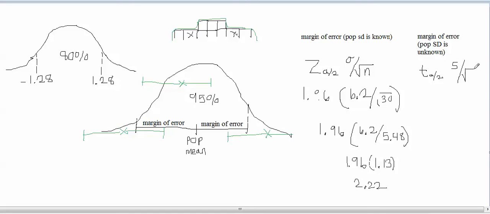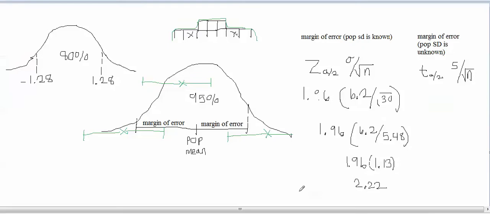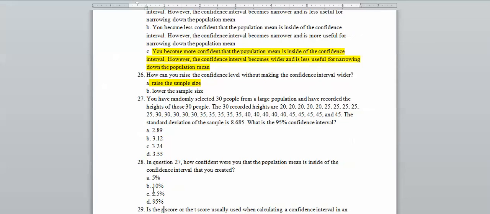So let's plug in that t-score that we had, which was 2.045. Let's also plug in the sample standard deviation that I gave you. I told you it was 8.685.